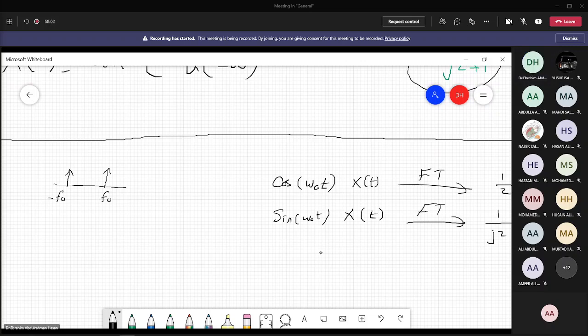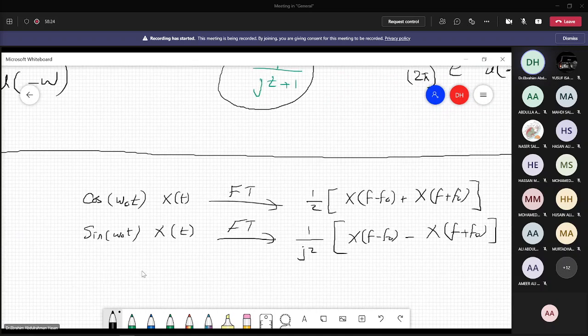So it's convolution with this one and convolution with this one. Convolution with an impulse gives exactly the same x of f, except shifted to f naught and shifted to minus f naught. Let me say it is a special case. We don't need to use convolution here, so we have a direct formula for it.